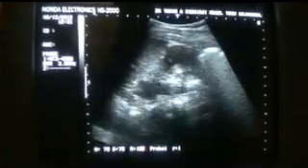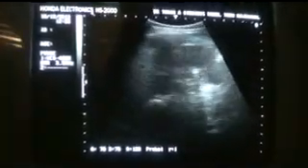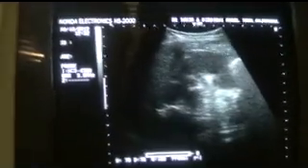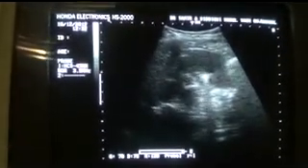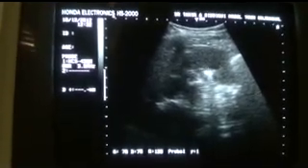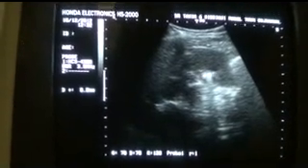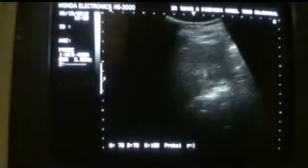Now this is the view that it was in front of you. And there is another calculus seen. This is the parenchyma of the left kidney. This is the calculus in the lower pole calyces. Now the lower pole calyces are not dilated.